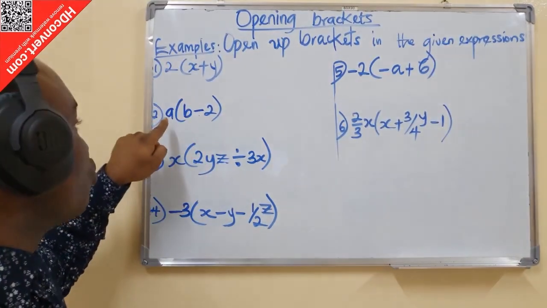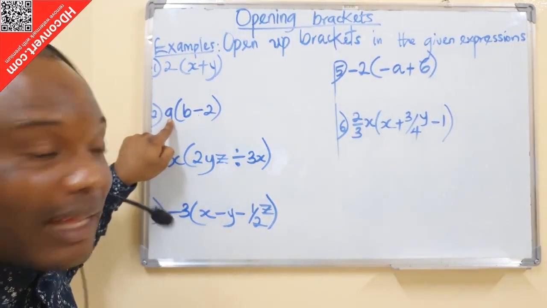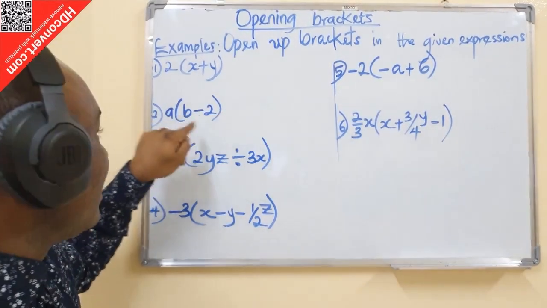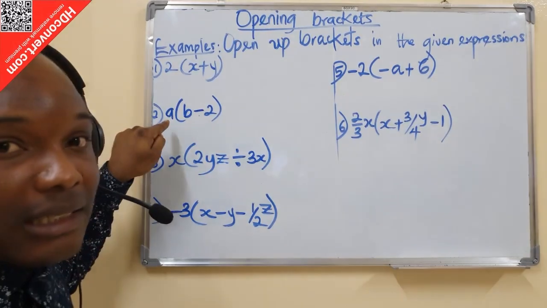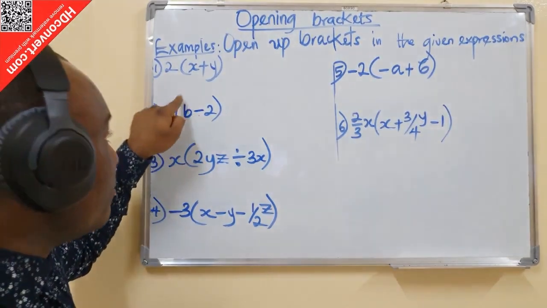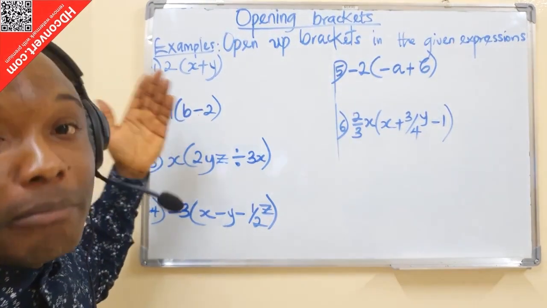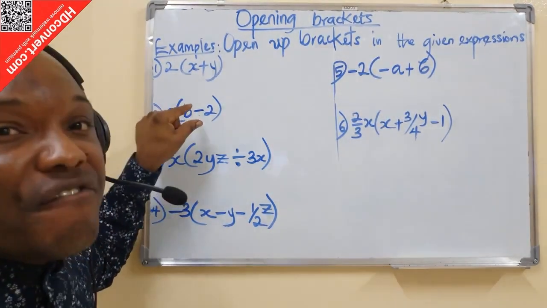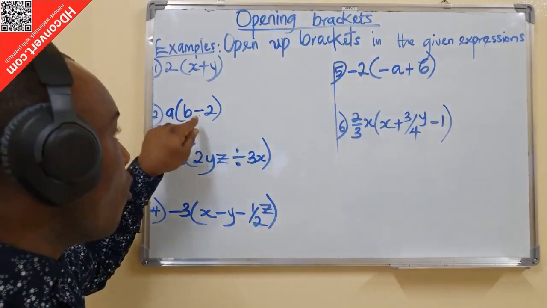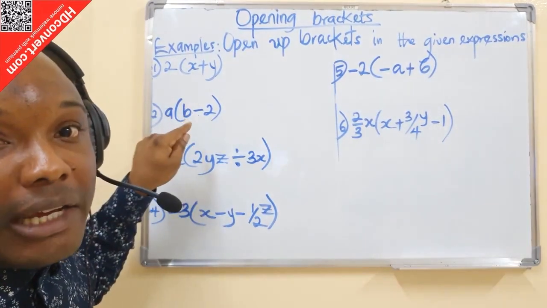The same thing happens when you have a variable right before a bracket. There is no plus, minus, times, or divide between that which is outside and the bracket itself. It simply means that what is outside the bracket multiplies everything inside the bracket, obeying the rules of the signs inside the bracket.